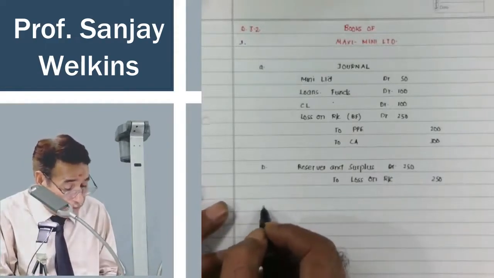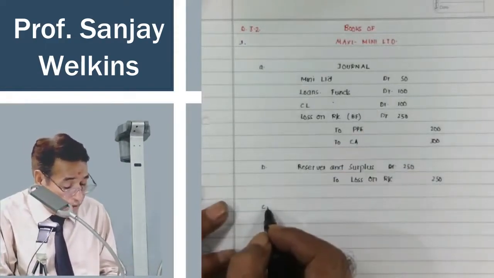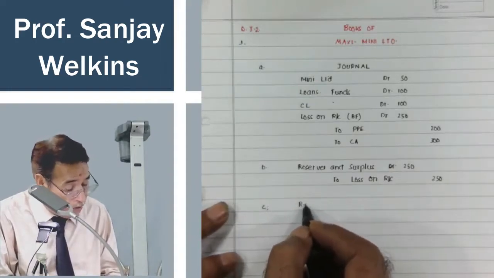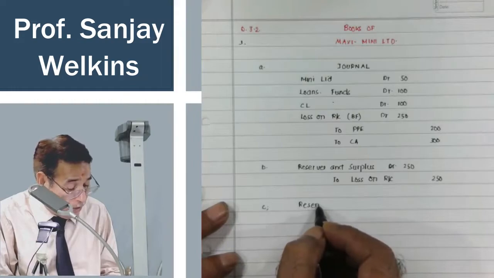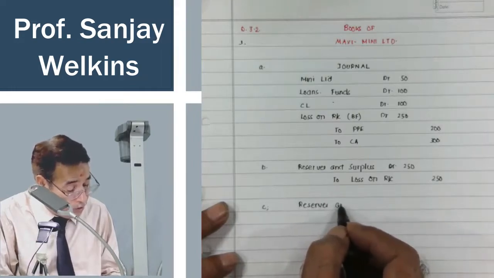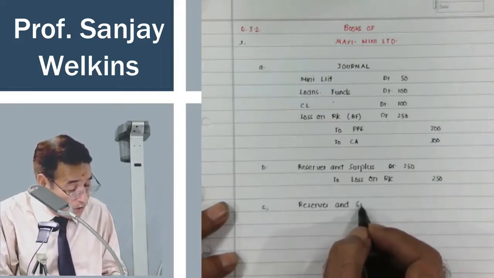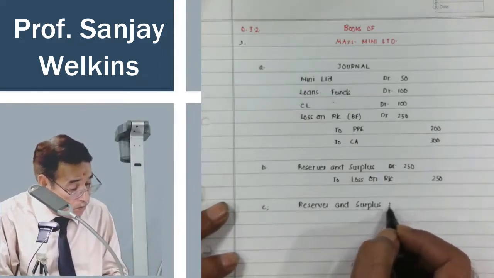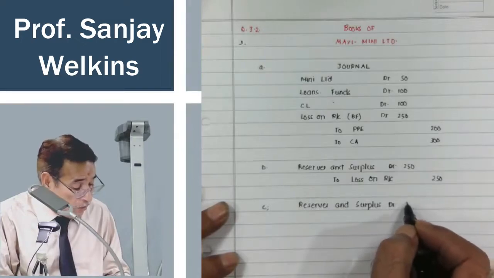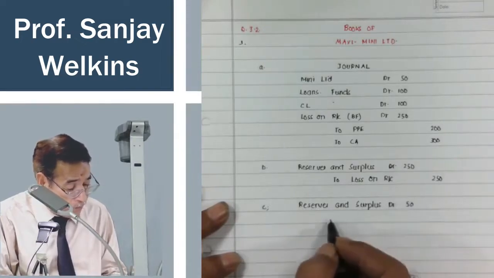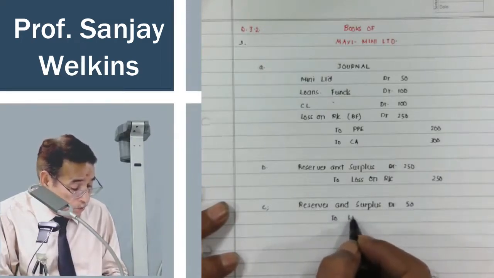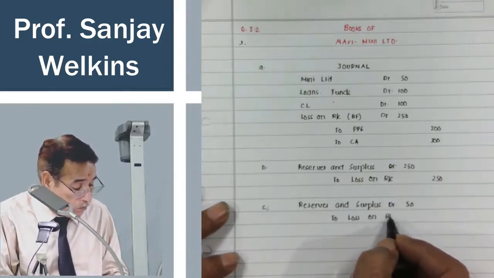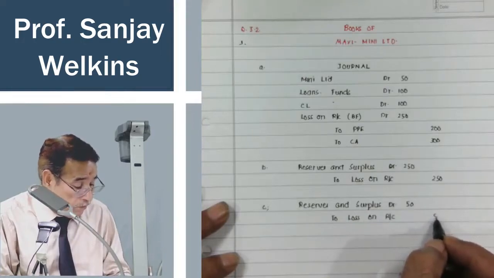Further, now Mini Limited will pay the consideration, but that consideration will not be received by us. So once again, reserves and surplus will have to be debited. Reserves and surplus account debit, that is equal to 50 because loss is 50, to loss on reconstruction account 50.